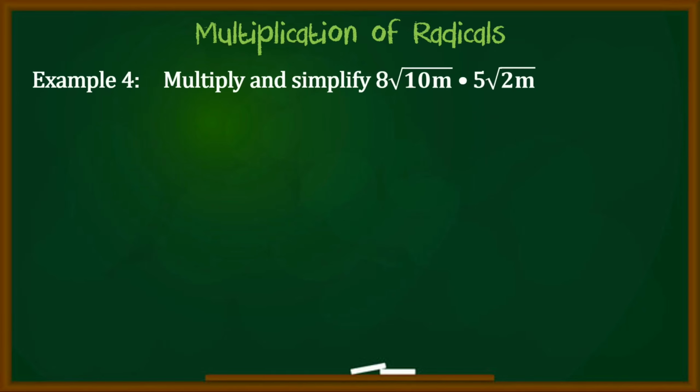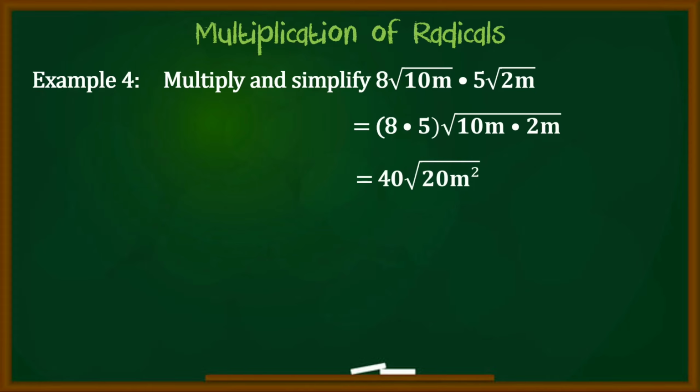Example number 4. Multiply and simplify 8 square root of 10m times 5 square root of 2m. Again, multiplying both the coefficients, we have 8 times 5, and then multiplying both the radicands, we have square root of 10m times 2m. Simplifying, we have 40 square root of 20m squared.